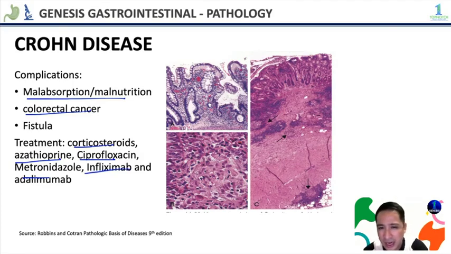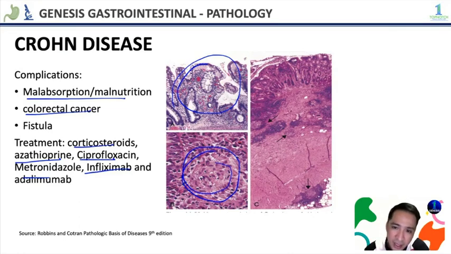You will see here the haphazard organization of the crypts, secondary to repeated injury and regeneration. You will see here the non-caseating granuloma formation, and represented by the arrow, we have the transmural Crohn disease with some mucosal and serosal involvement.